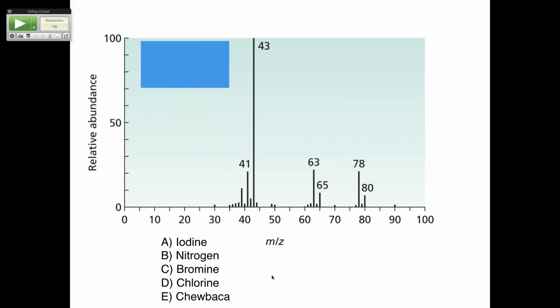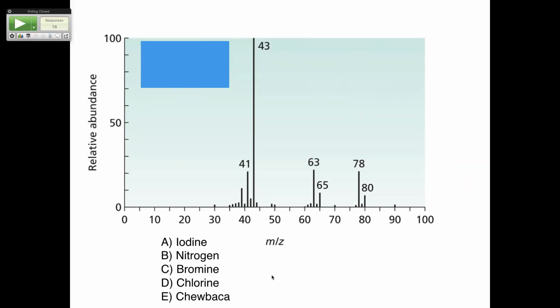Okay, now I'm going to ask you to come up with the formula. How would I do that? All right, well, what are my mass numbers up there? The molecular ion, the main mass numbers are 78 and 80, right?